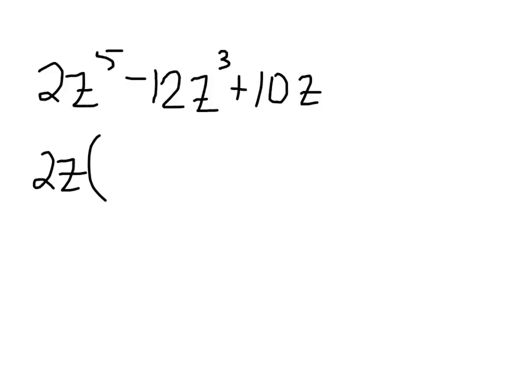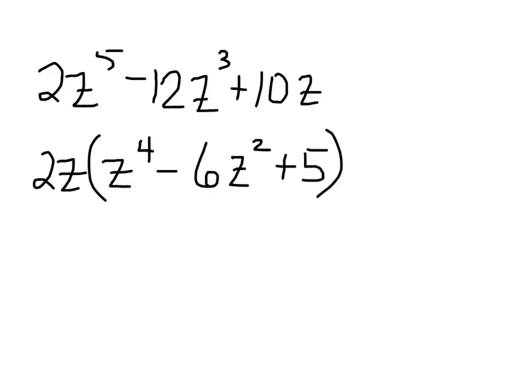So if I take a 2z out, what do I have left in the front? z to the 4th minus 6z squared plus 5. Good. Now, if I can't go any further, I have factored something, but this does go further.